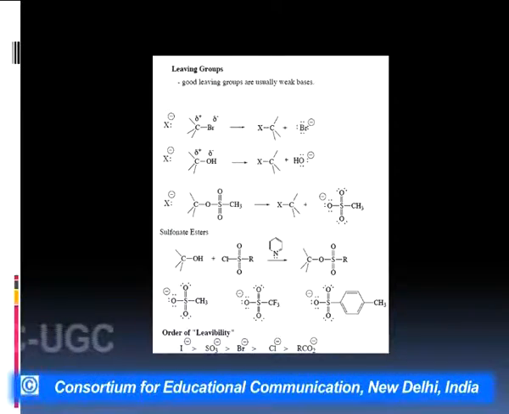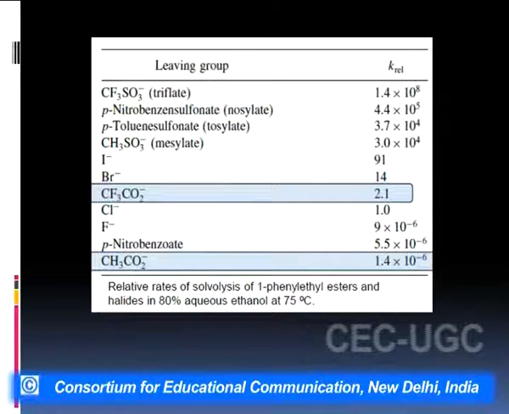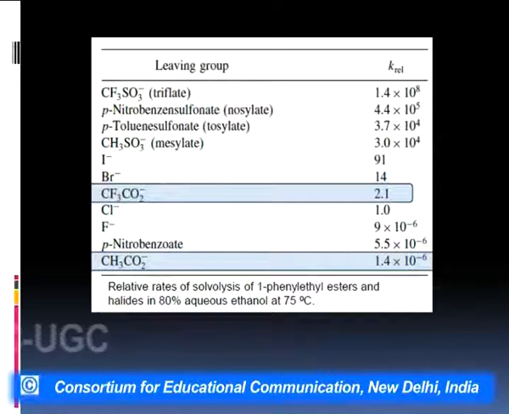So now what we see next is, what are the good leaving groups? Halogens are good leaving groups, followed by sulfide, then bromide, chloride, and a carboxylate ion. These are good leaving groups because these are weak bases, conjugate bases of strong acids.